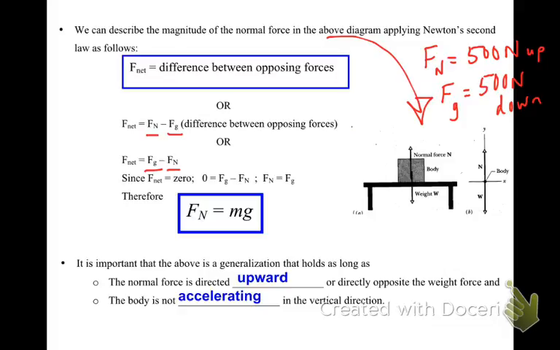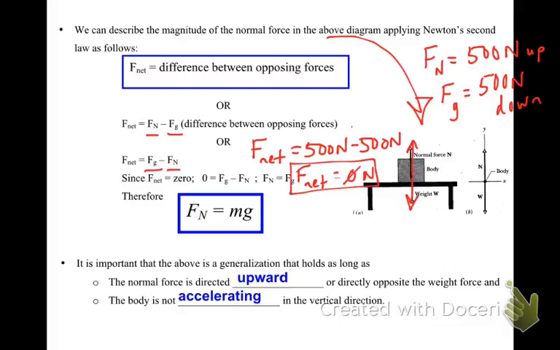So when we take the difference between these opposing forces, the one pointing up and the one pointing down, you're going to get a difference of 0, an F net of 0. Right? So we get 500 minus 500. Your net force is equal to 0 newtons, because we stated that we have no unbalanced force.